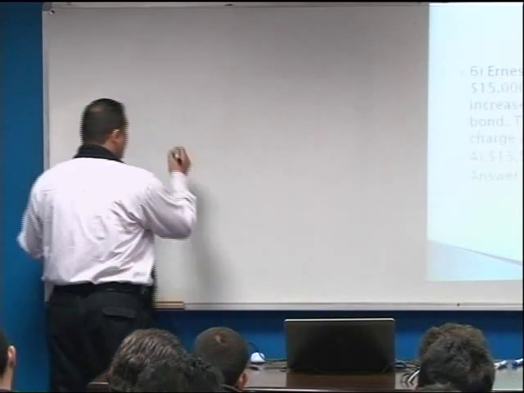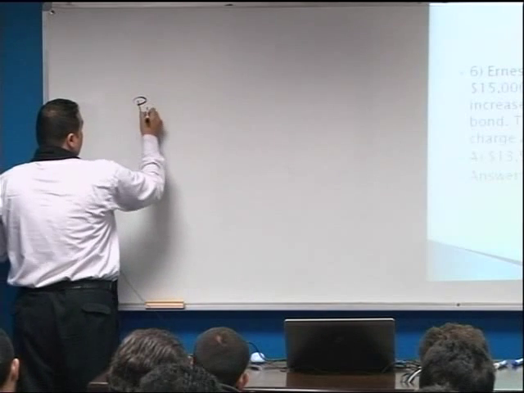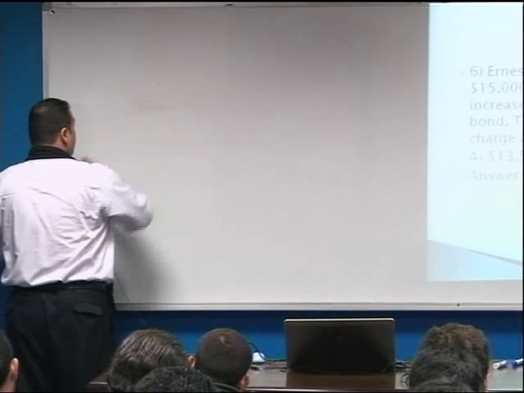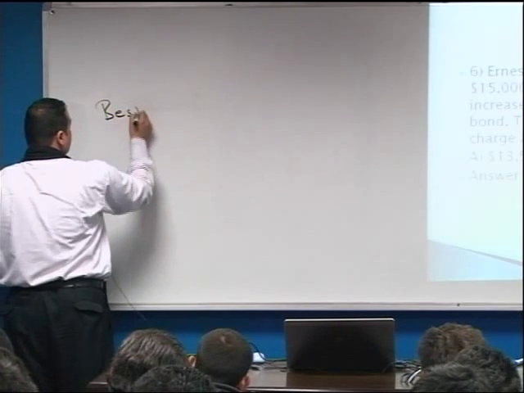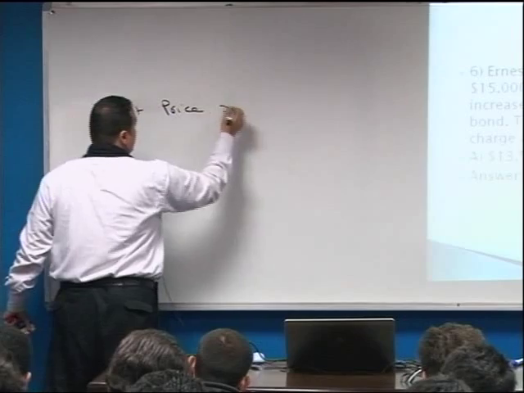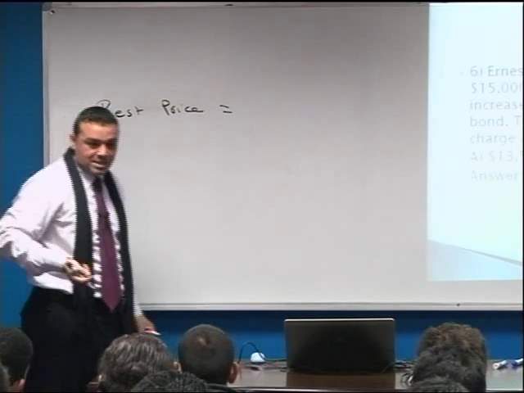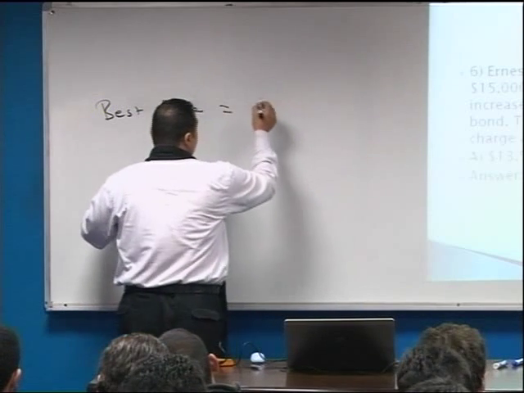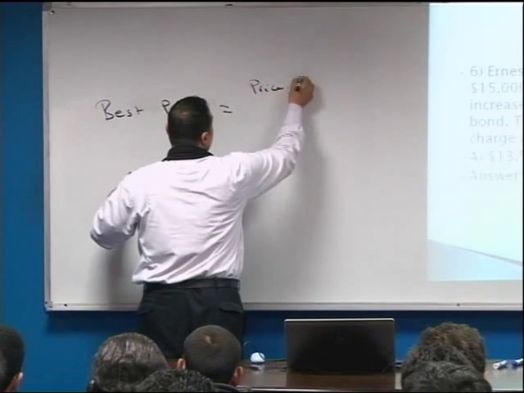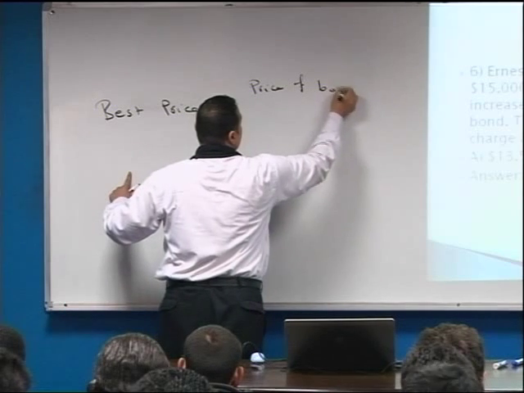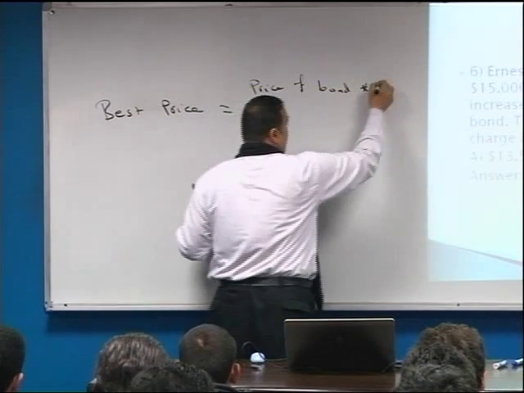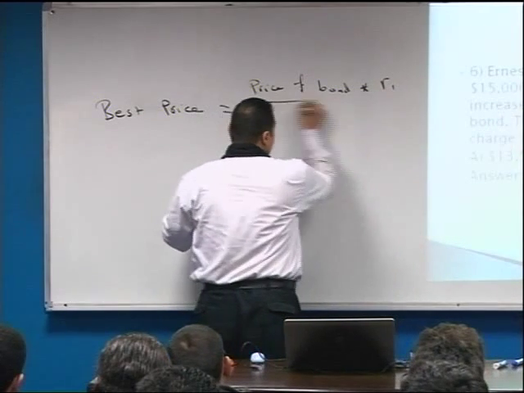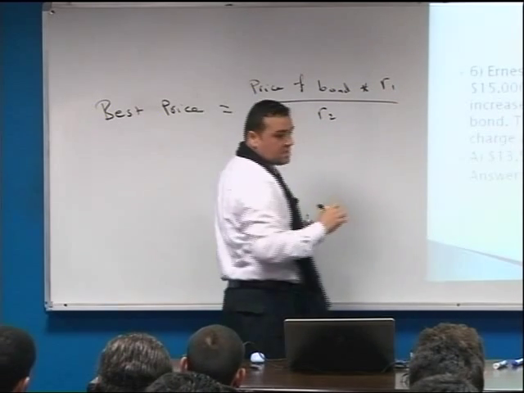What does the formula say? The optimal price, or the best price, the best possible price at which he can sell, equals the price of the bond times R1, the initial interest rate, over the second interest rate.